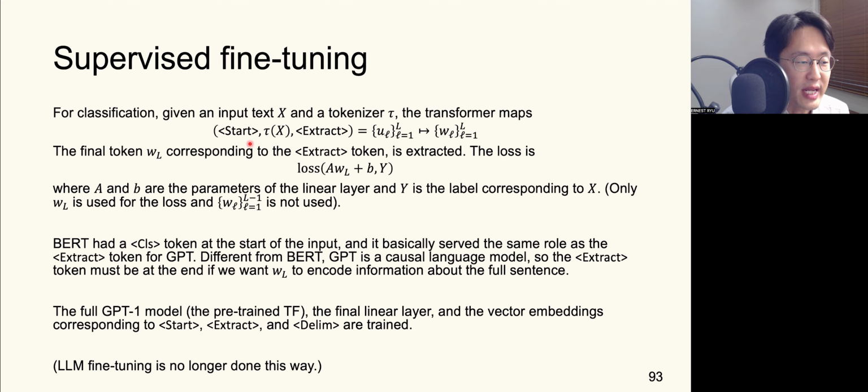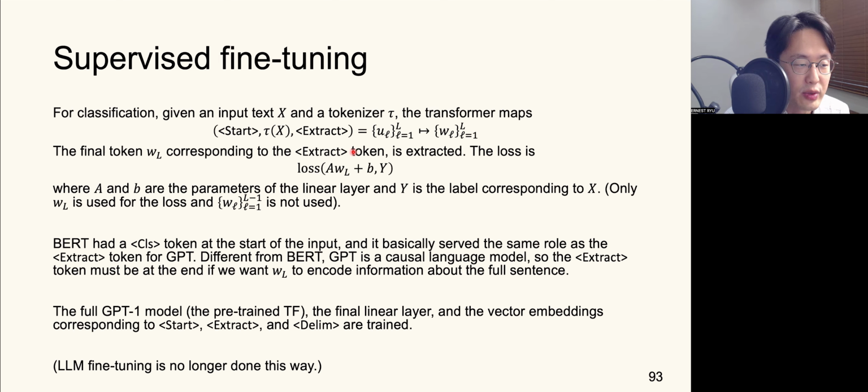The transformer takes in as input this sequence of tokens. So there's a start token distinct from any other word token. We have the tokenized tokens, and then we have the extract token. So these input tokens will be these U tokens, and that will be mapped to these W tokens by the transformer. Now, the final token of this output W sequence is, by our notation, W_L.